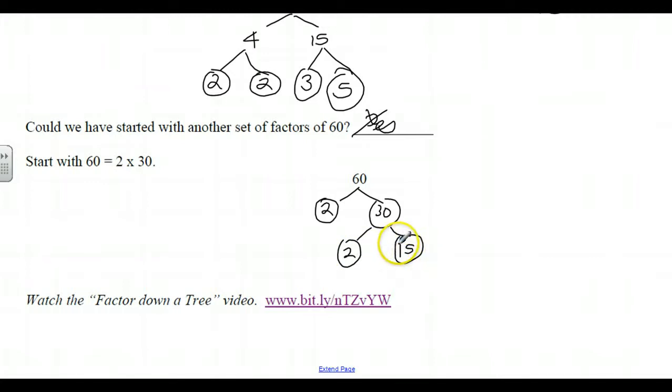Yes. 15. Not prime, so we don't want to circle the 15. And 15 is 3 times 5. So again, we get the same prime factorization. No matter how you start, that's what you're going to get.